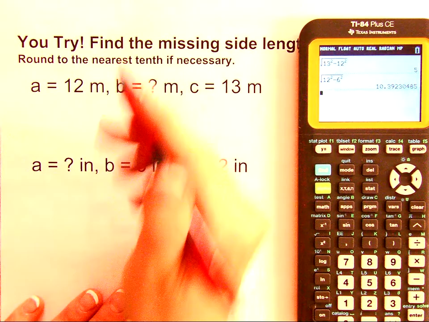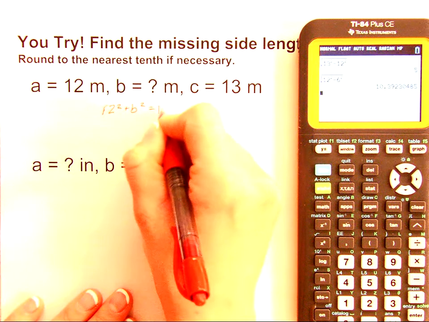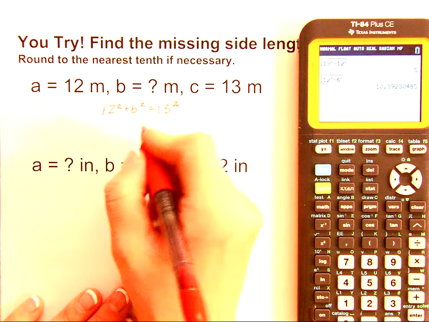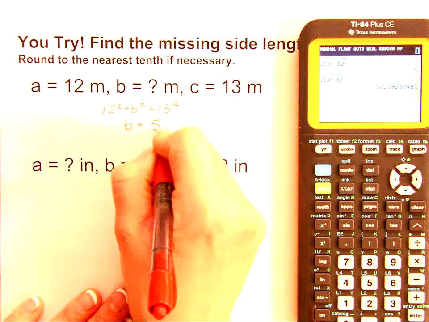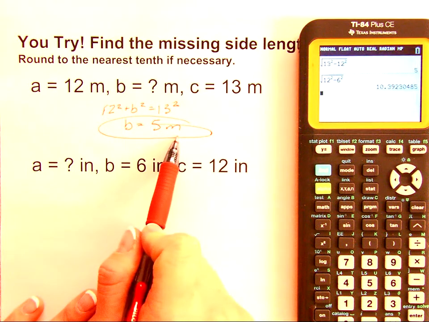So 12 squared plus b squared equals 13 squared. You can see I did this first one on my calculator already to find that b is going to be 5 meters. Again, make sure you are remembering those units.